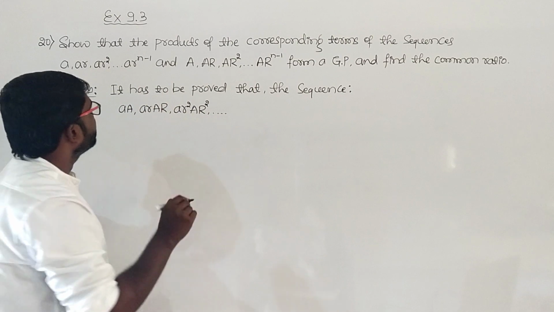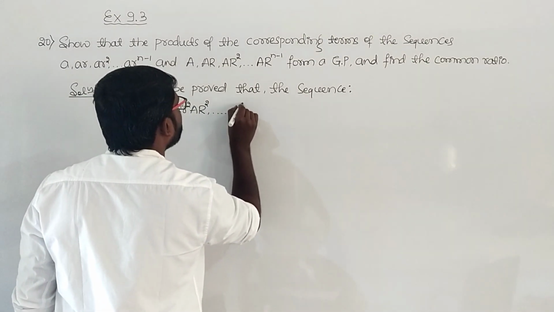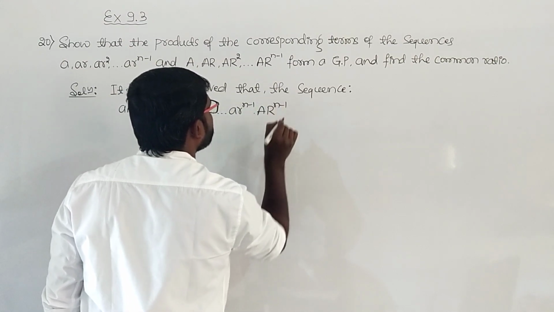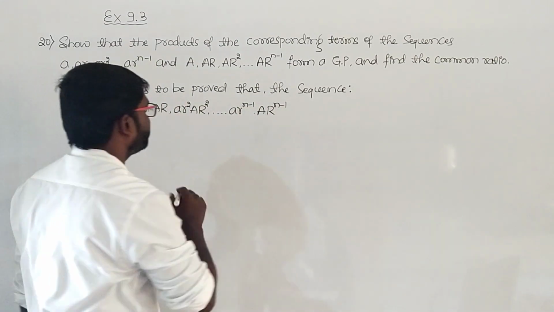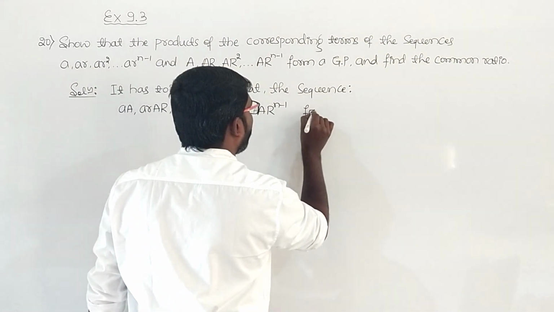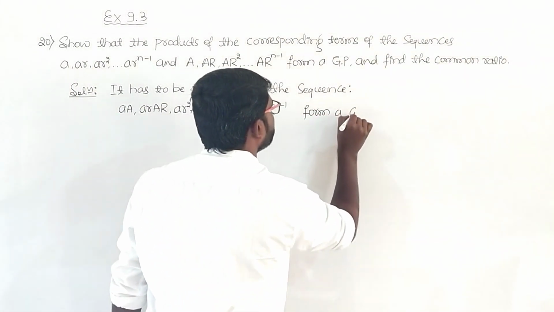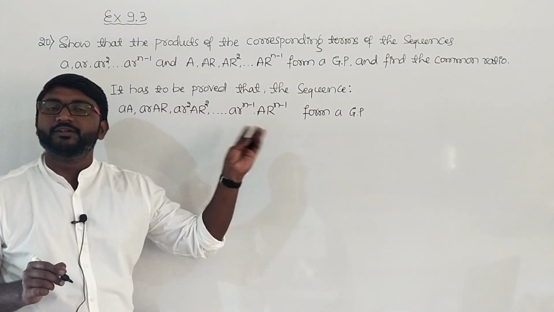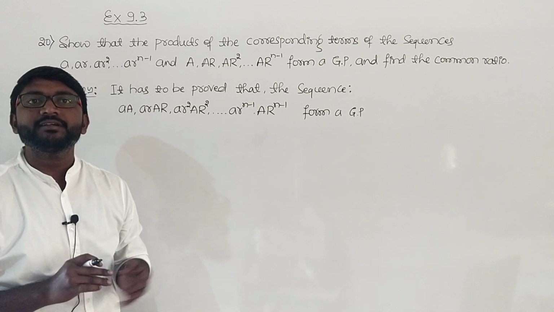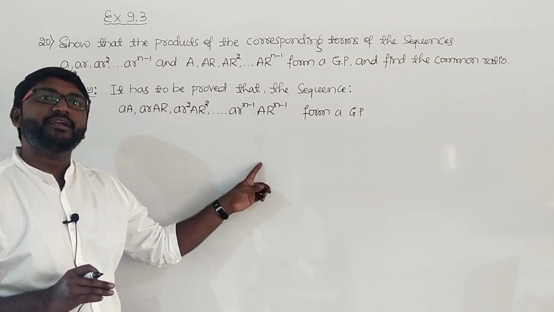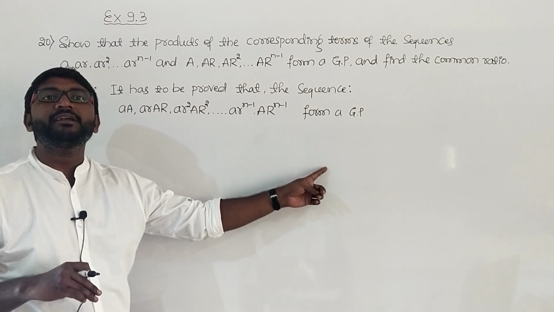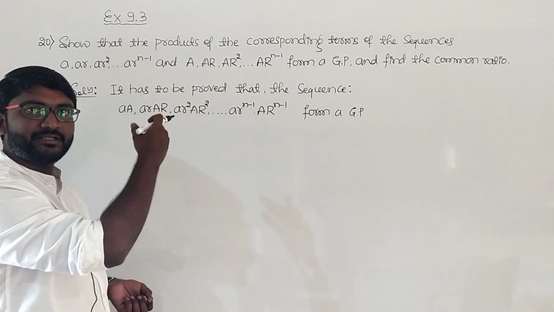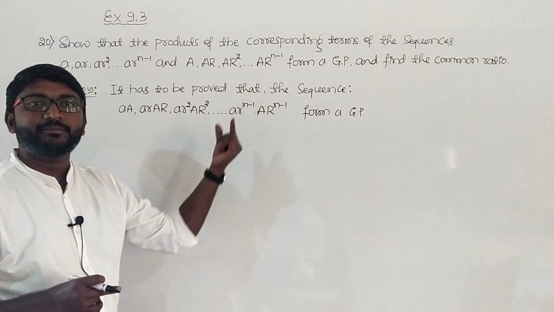Like this it continues: a into r raised to n minus 1, here capital A into capital R to the power n minus 1, form a GP, form a geometric progression. If the sequence is a geometric progression, then the ratio must be common, that is the ratio must be the same. A2 by A1 should be equal to A3 by A2, that should be equal to A4 by A3. Second term divided by the first term is equal to third term divided by the second term.